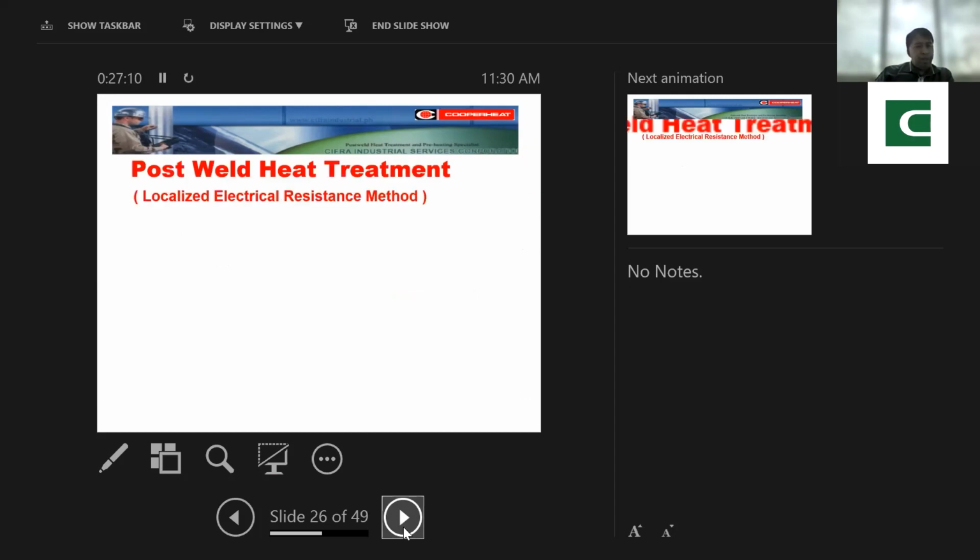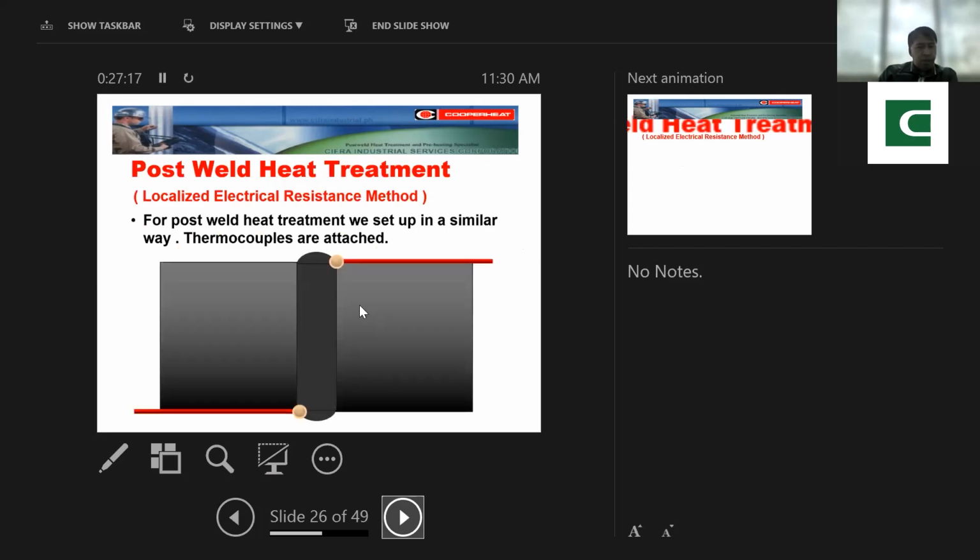Okay, so this is the electrical resistance method, the ceramic pad, no? So, sa post-weld heat treatment, tapos na yung ating weldment, maglalagay tayo ng number of thermocouple wires. For every 3 ceramic pads, at least merong isang thermocouple wire.